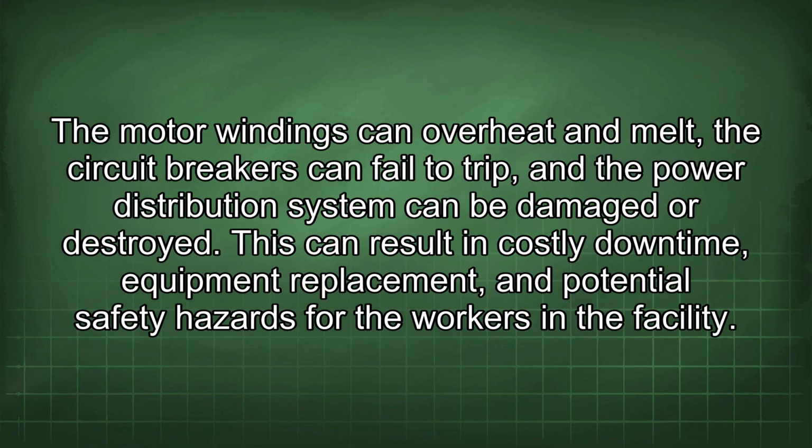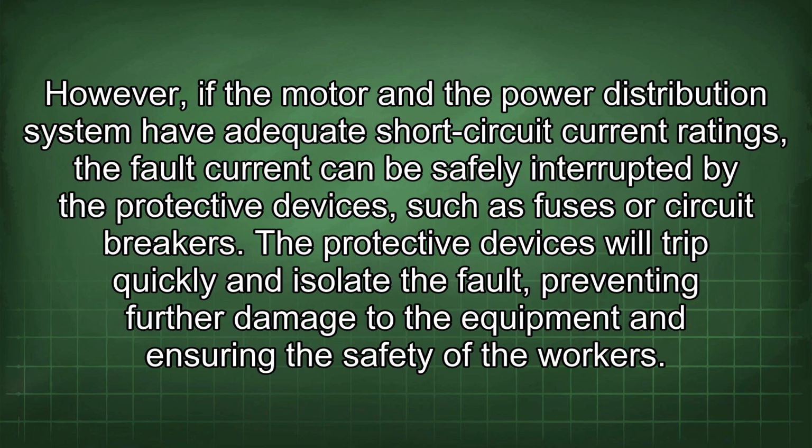The motor windings can overheat and melt, the circuit breakers can fail to trip, and the power distribution system can be damaged or destroyed. This can result in costly downtime, equipment replacement, and potential safety hazards for the workers in the facility. However, if the motor and the power distribution system have adequate short-circuit current ratings, the fault current can be safely interrupted by protective devices such as fuses or circuit breakers.